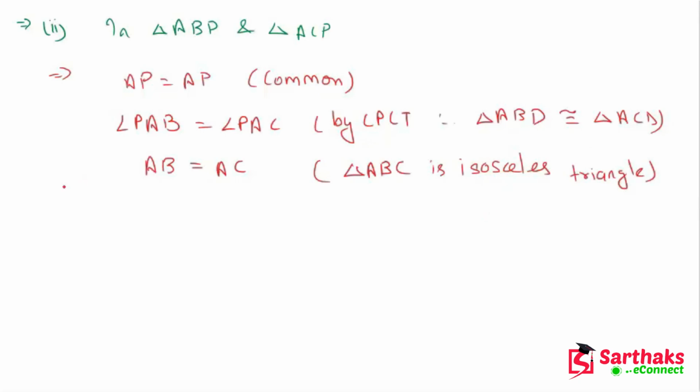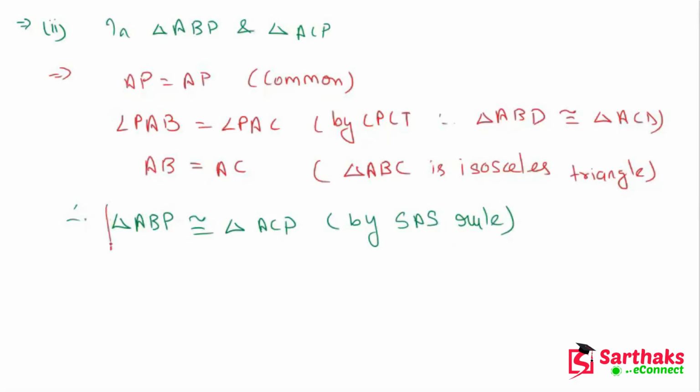So we can write, since triangle ABP is congruent to triangle ACP by the side angle side rule. So triangle ABP is congruent to triangle ACP by the side angle side rule. I hope you understand these things, my dear friends.